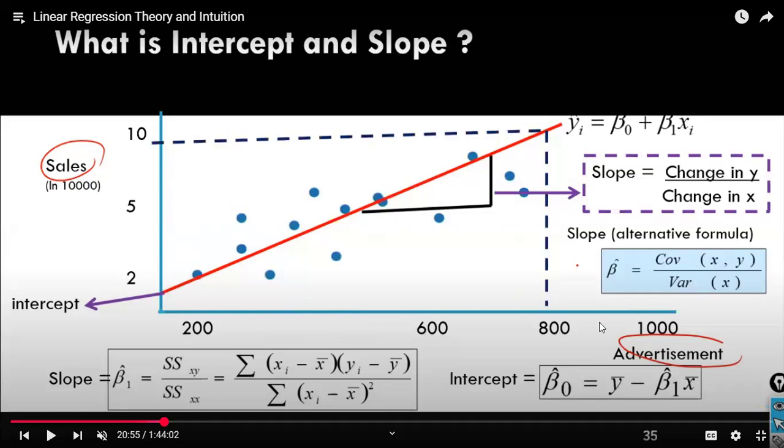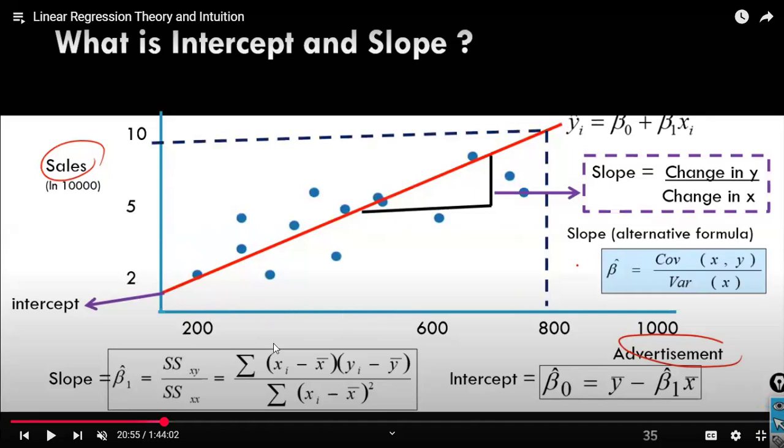So here the advertisement and the sales, right? For example, if I spend $200 in advertisement, I can expect 2 lakh revenue.